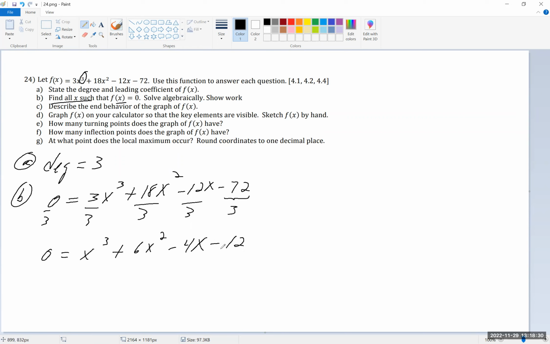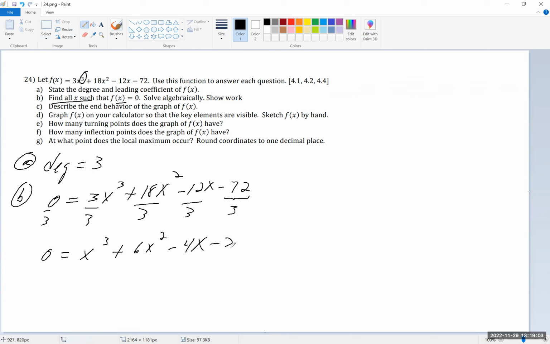And so now I really only have to deal with the factors of, and I don't think that's right. It's not a 12. 72 divided by 3 is 24.